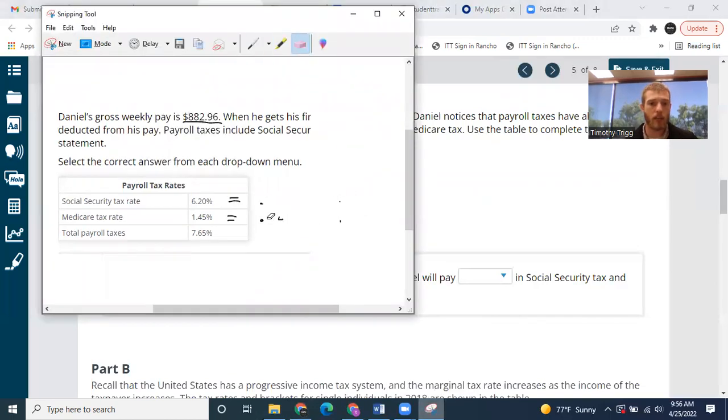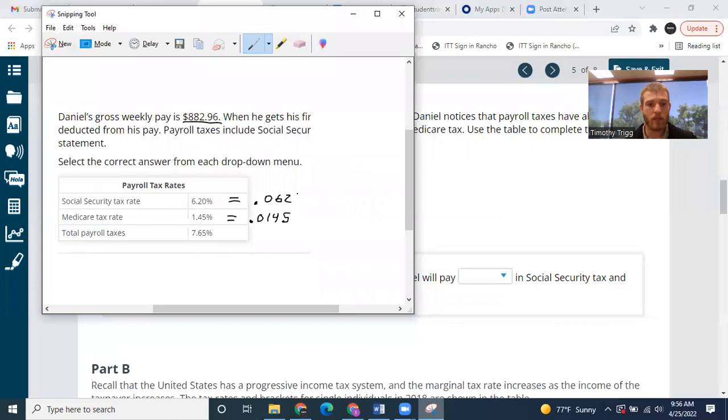To find a percentage of a number, it's actually pretty simple. What you do is you change that percentage to a decimal. Notice these percentages already have a decimal in them. So what we're going to do is move the decimal over 2 places. As a pure decimal, that's 0.062. To change this one to a pure decimal, again, move the decimal 2 places, 0.0145.